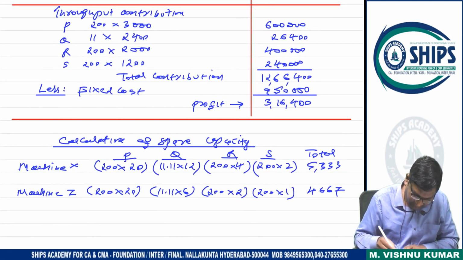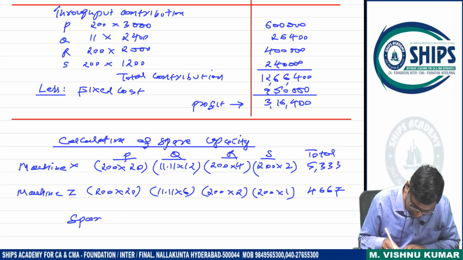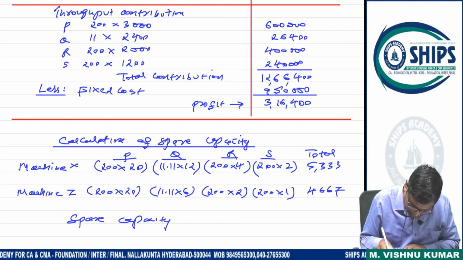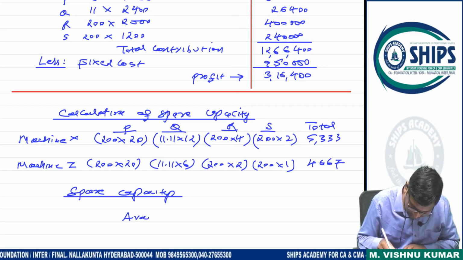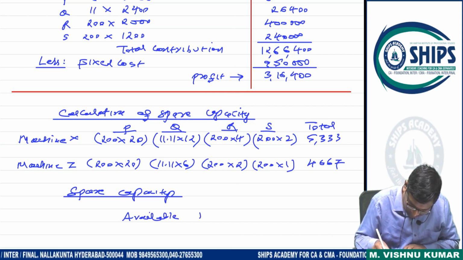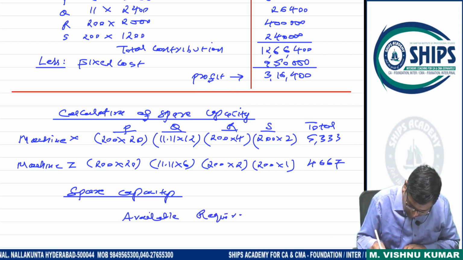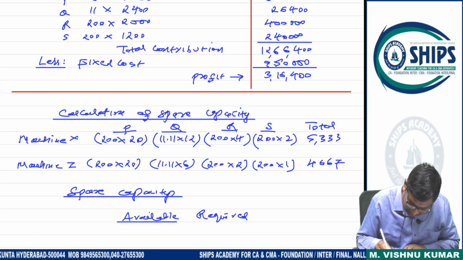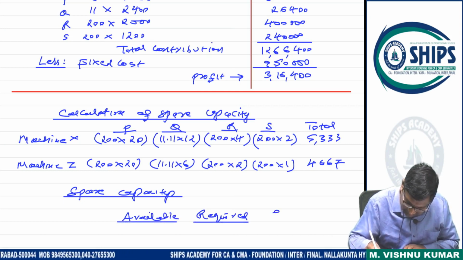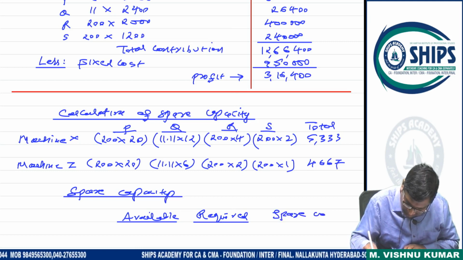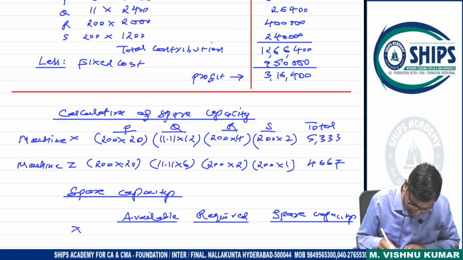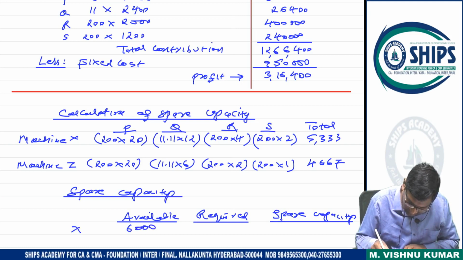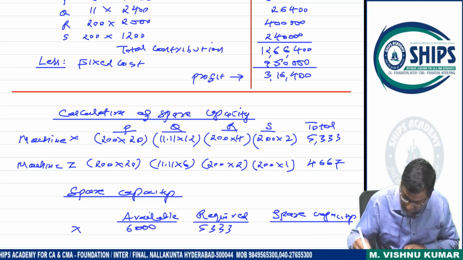And 667. So spare capacity: available, required, spare capacity. So X available how much? 6,000. Required how much? 5,333.